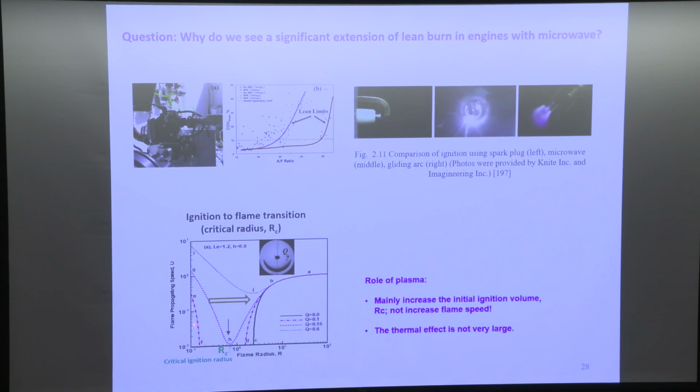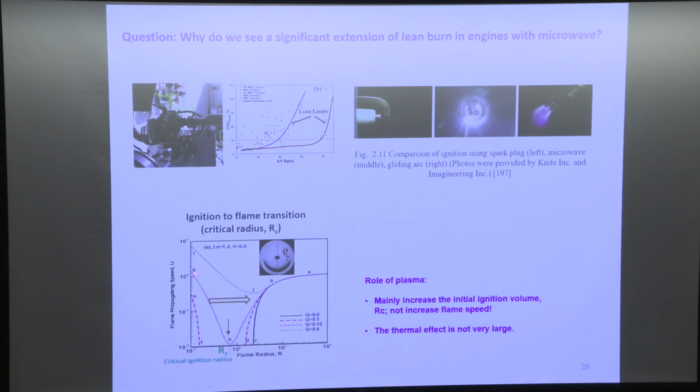If you have a small plasma energy, the flame kernel will be ignited, but as the flame expands, the flame speed drops and it quickly dies. Remember this is for a Lewis number larger than 1.2. You probably took Paul Clavin's class. You know how Lewis number affects the flame. The larger the Lewis number, the more the flame is stretched, and that means the flame is weaker with the stretch.